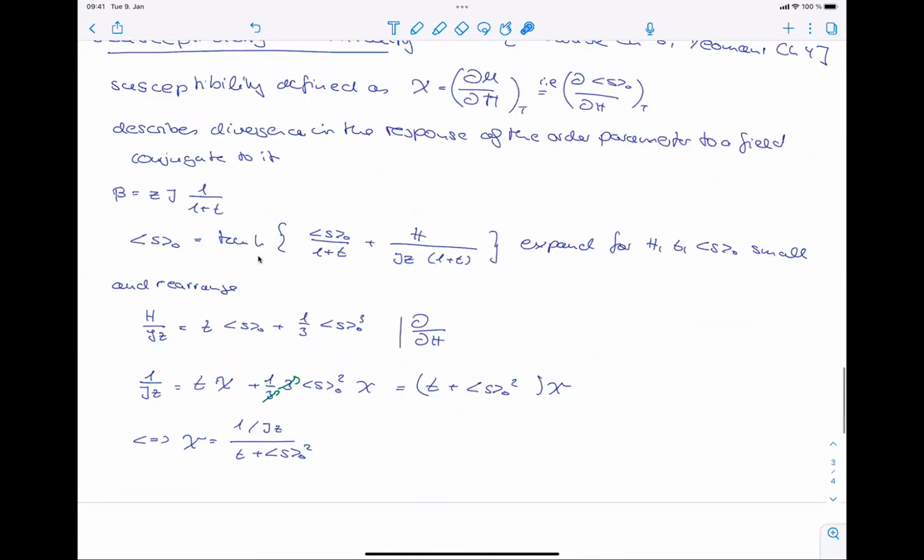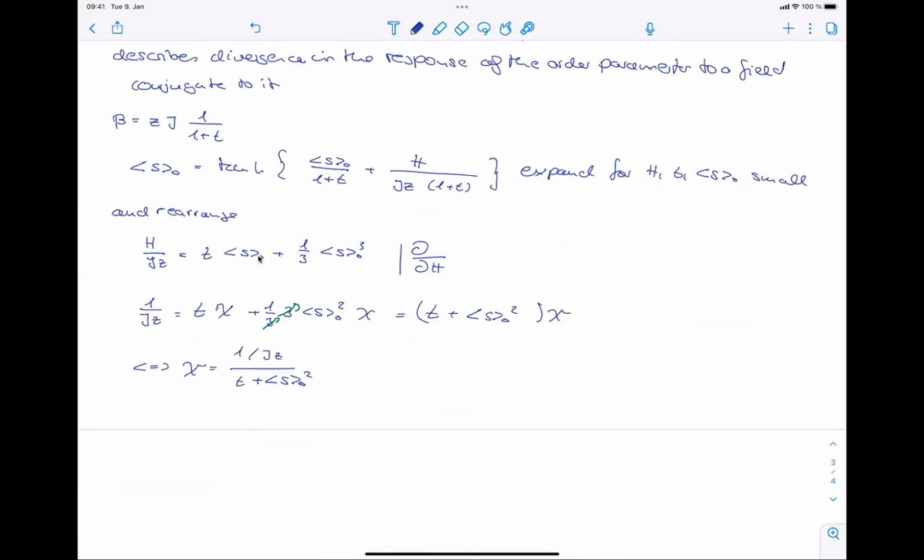So if we plug this in here, for above critical temperature, that's just a T. So that means I have 1 over KB T minus TC for T larger than 0.